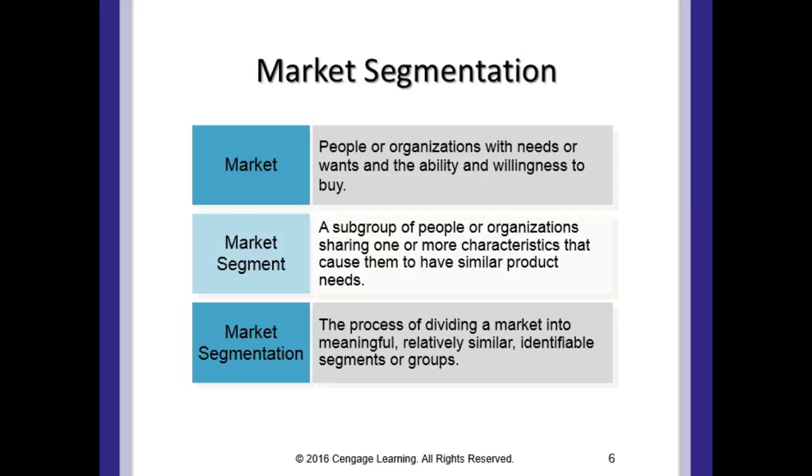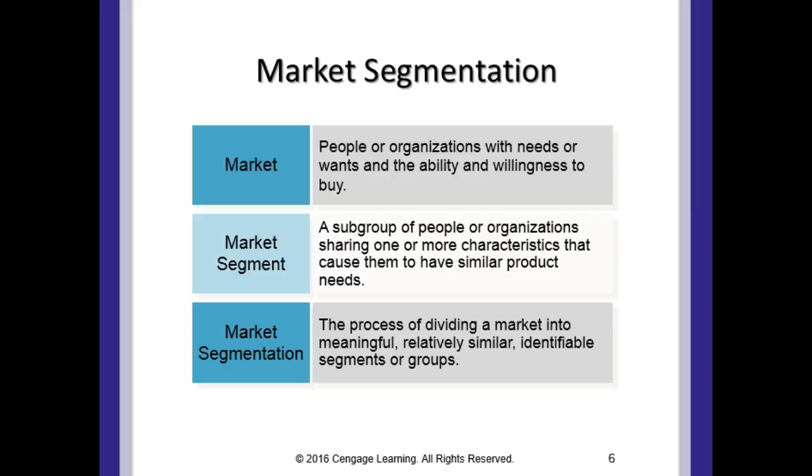All right, market segmentation. We just said on the last slide what a market is. A market segment is when you take that large group of people, that large market, and you break it down into a smaller group of people who share at least one characteristic that causes them to be similar in regards to their needs or their wants.